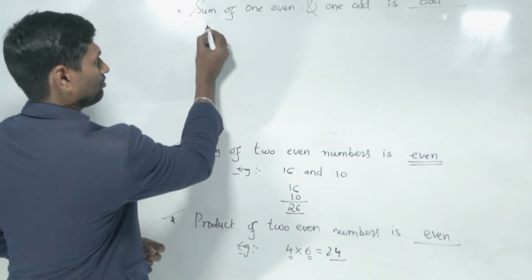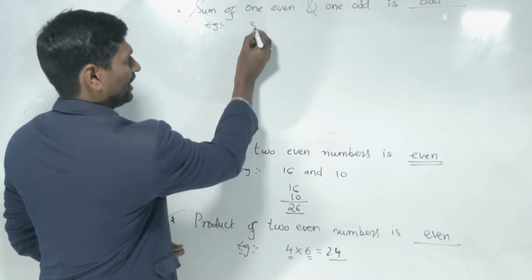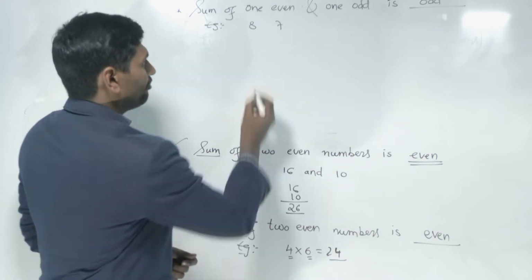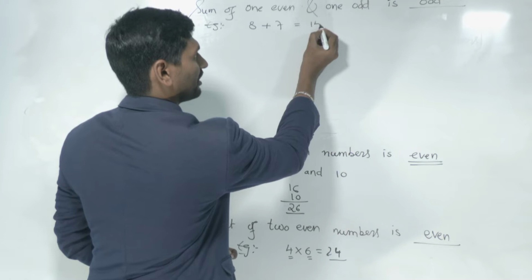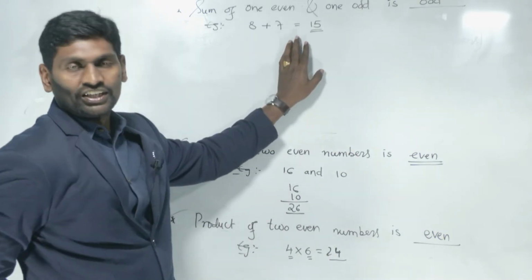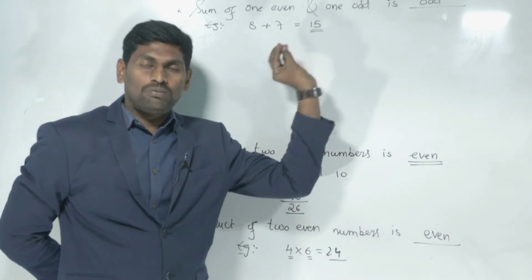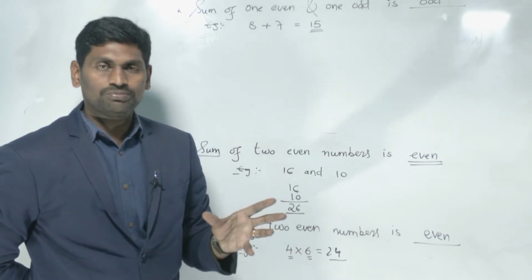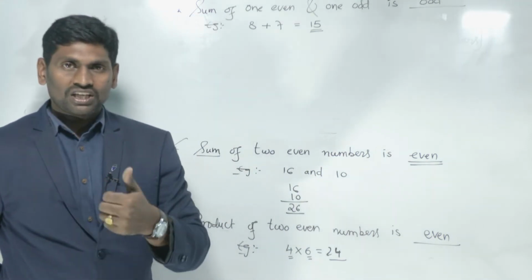Let us check with the example. Okay, na? Take any one of the even number 8, one of the odd number 7. Add both of them. 8 plus 7, 15. 15 is even number or odd number? Definitely odd number, because 15 is not exactly divisible by 2. Even numbers means they must be divisible by 2. Clear?